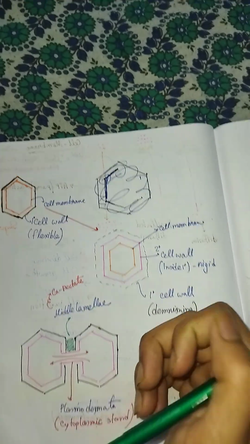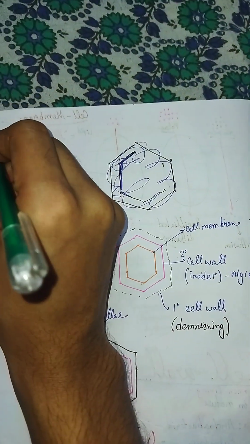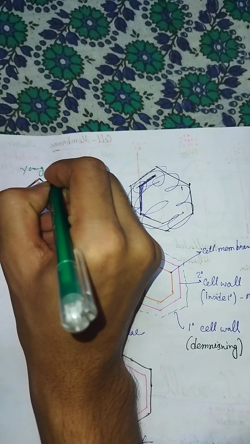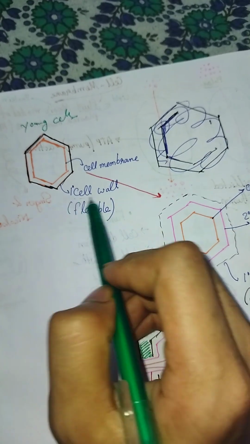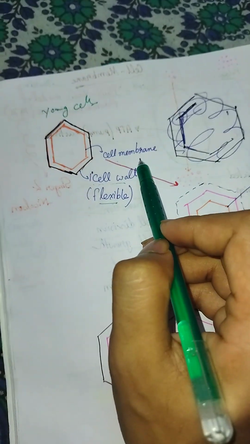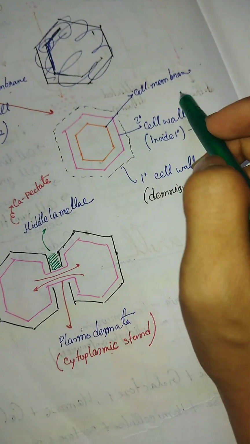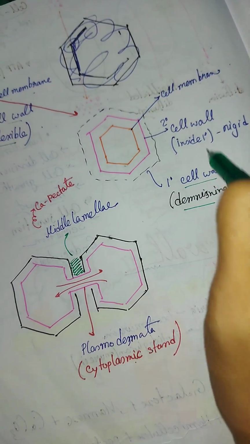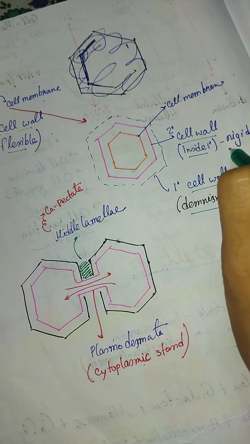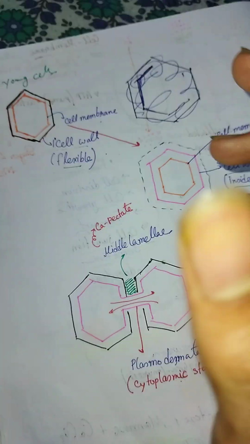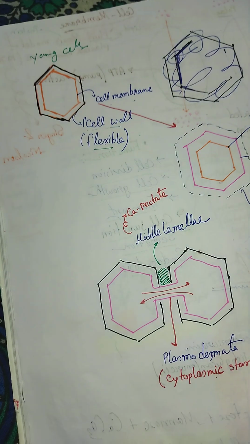Now we can see it diagrammatically. This is the young cell. This is the primary cell wall, which is flexible. This is the cell membrane. In maturation, the primary cell wall diminishes and the secondary cell wall is formed on the inner side of the primary wall. It is rigid, and the cell cannot grow further.